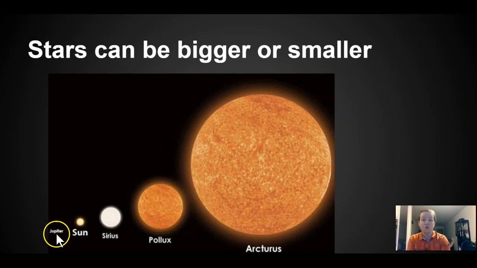And look right here, that's the planet Jupiter. Earth is so small, it's not even in this picture. But here's Jupiter, here's the sun. The sun is big, but some stars are even bigger.